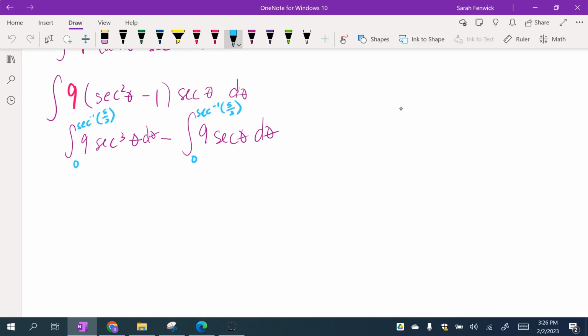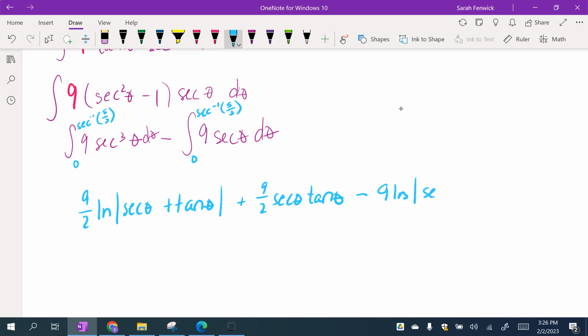So we're going to put that 9 in there. 9 over 2 natural log secant theta plus tan theta plus 9 over 2 secant theta tan theta minus, for secant theta, when I integrate it, I get 9 ln absolute value of secant theta plus tan theta. And all of this is from 0 to inverse secant 5/3.